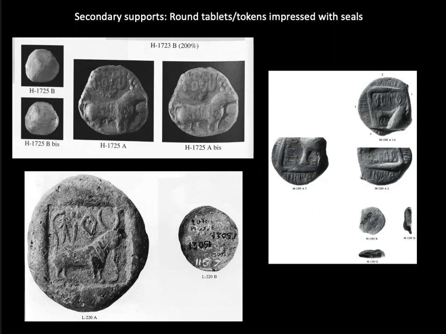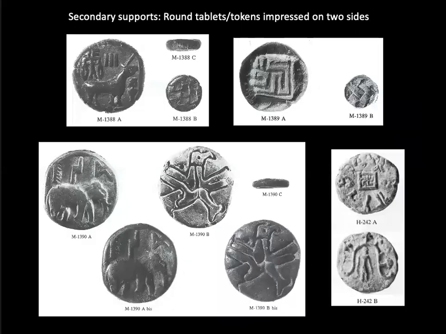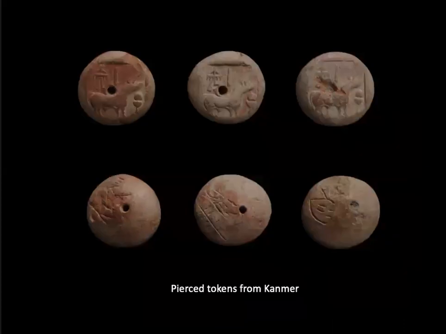We have ones that are sealed only on one side, or impressed only on one side. We have ones that are impressed on two sides. We have ones like these examples from Chanhudaro, all three of them impressed with the same seal on one side, and then incised with a short inscription on the other side, and finally pierced so that they could be carried around strung on a string.